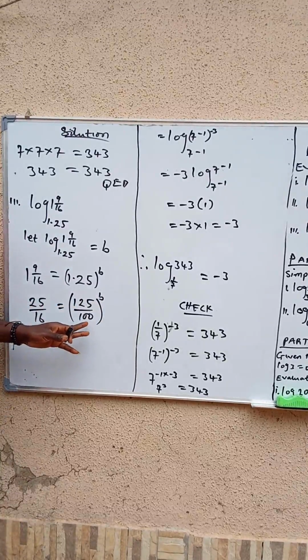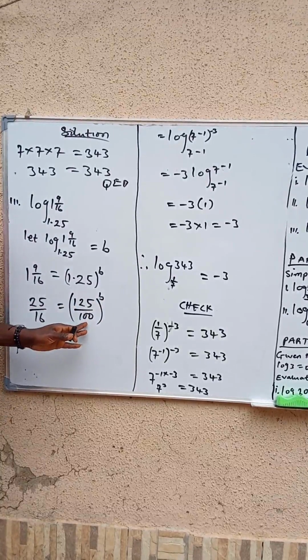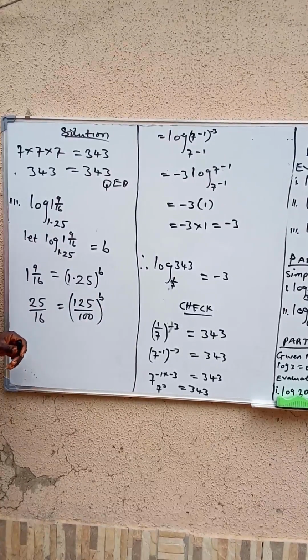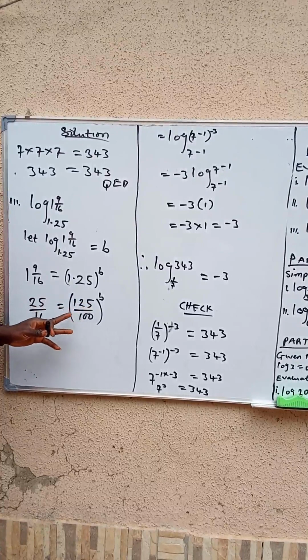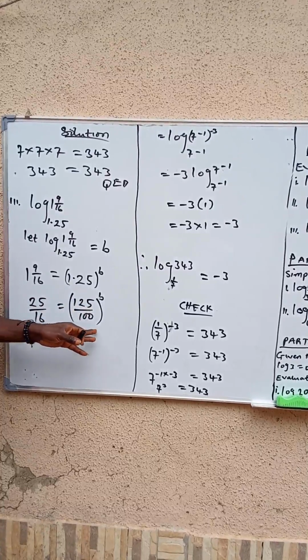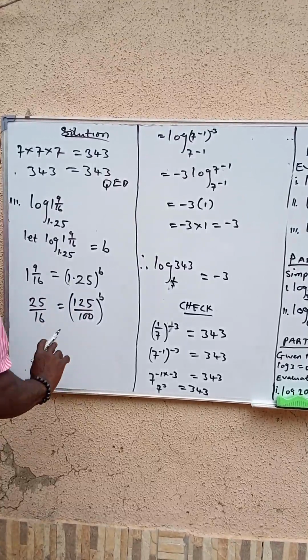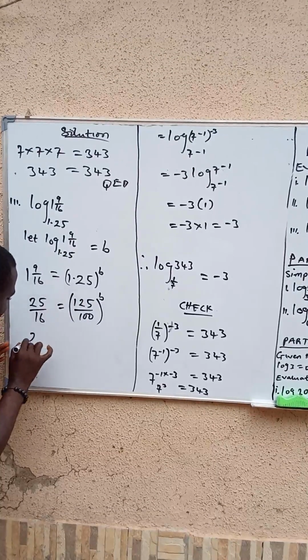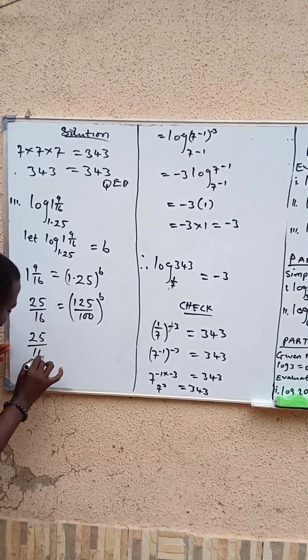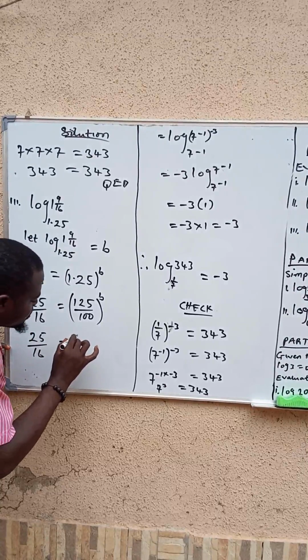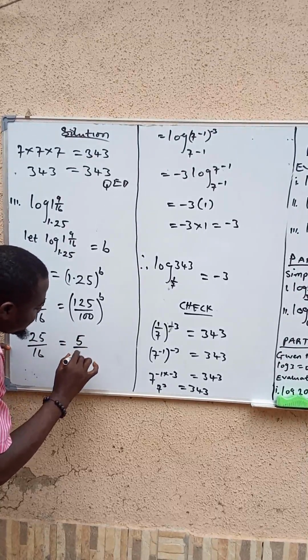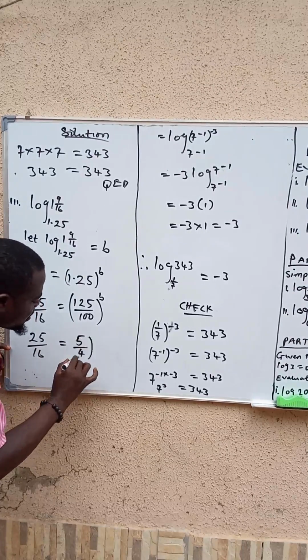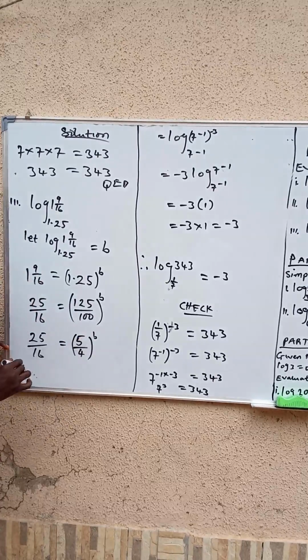Now look at it. 25 can enter 100. 25 can enter 125. 125 over 25 is 5, and 100 over 25 is 4. That means 25 over 16 is equal to 5 over 4, all raised to the power of b.